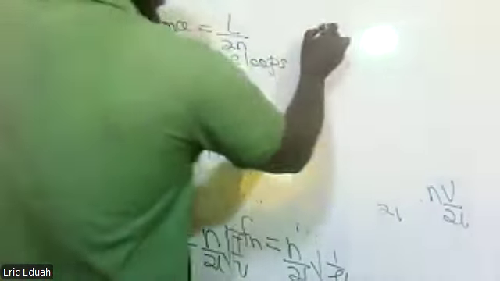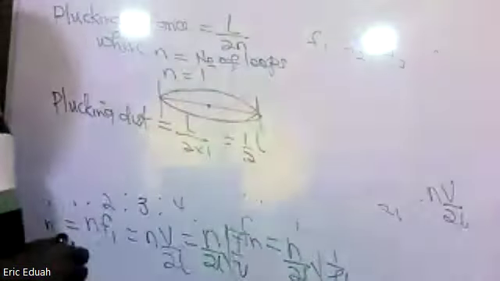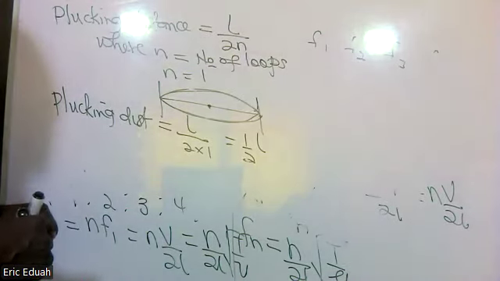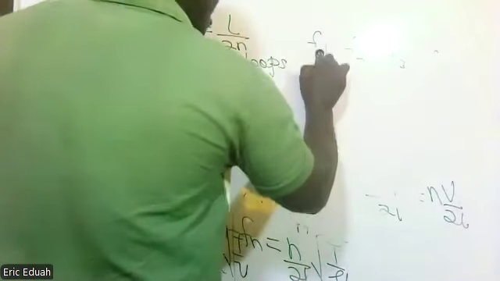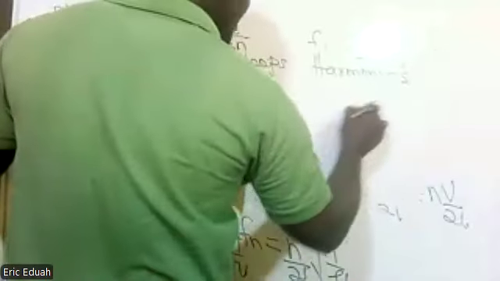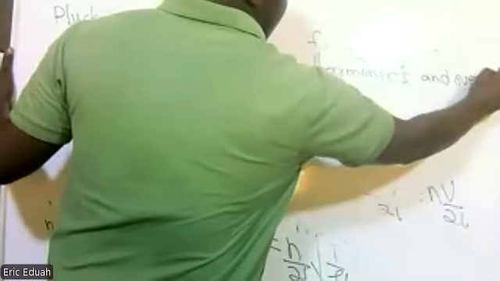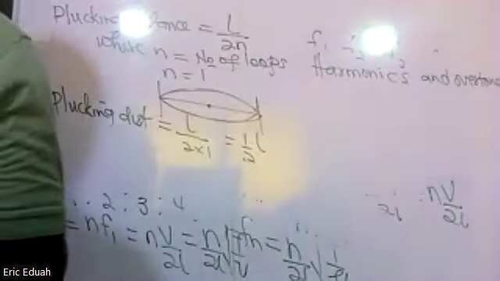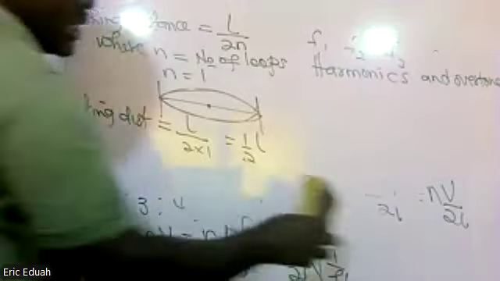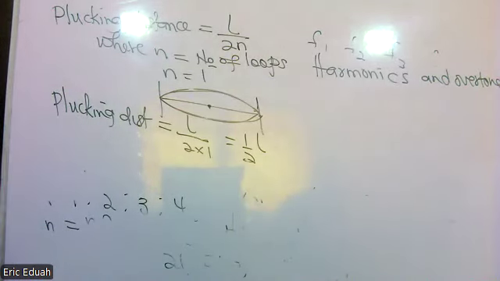Now, harmonics F1, F2, F3, F4, on and on are also termed as overtones. So we have harmonics and overtones. What is the difference between harmonics and overtones? So usually in exams or problem solving, instead of harmonics, it can be said as overtones.